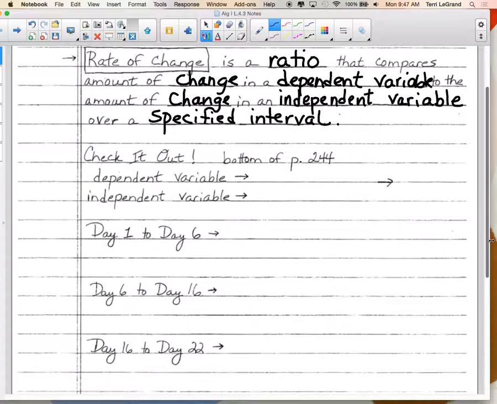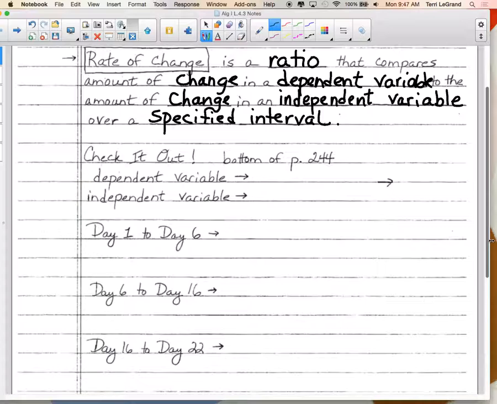So first thing we always have to decide in these is we aren't going to go just with the order that they're given in the table. We're going to do just like we did when we were setting up rates. We're going to set them up with a comparison that makes sense. So in this one we have a bank balance, which would be in dollars, and we have the day number. Which number day is it?